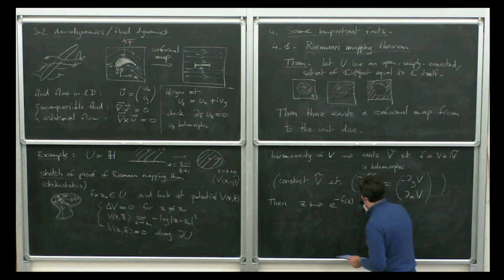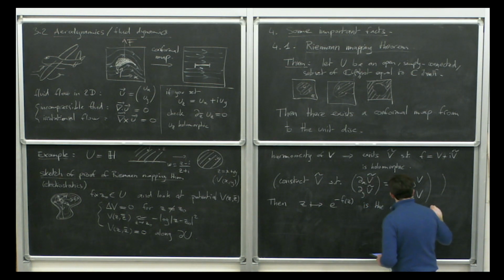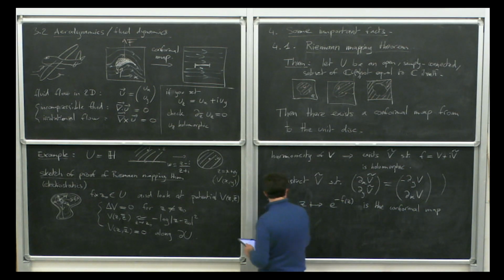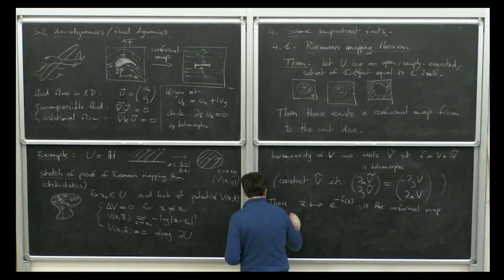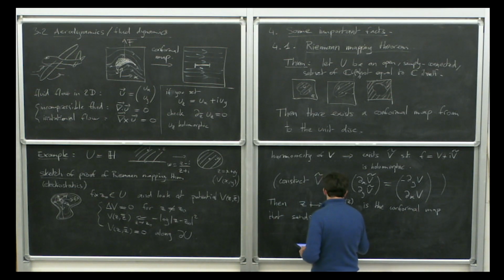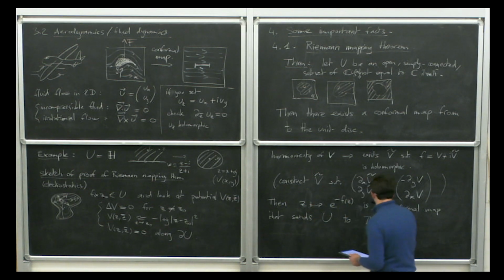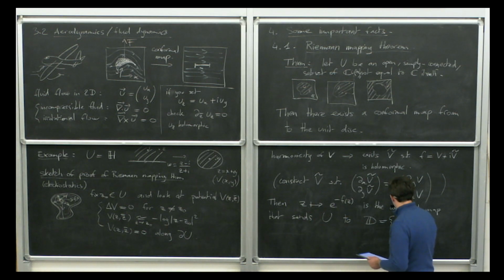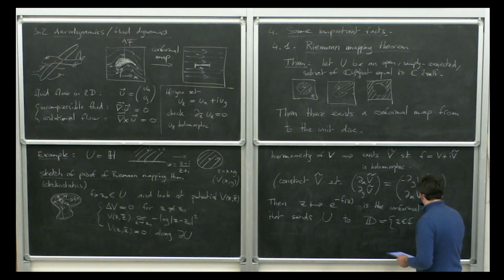So this thing now is the conformal map that sends the domain U to the unit disk. Let me call it D with a double bar. So D is the set of points in the complex plane such that the modulus of z is smaller than 1.